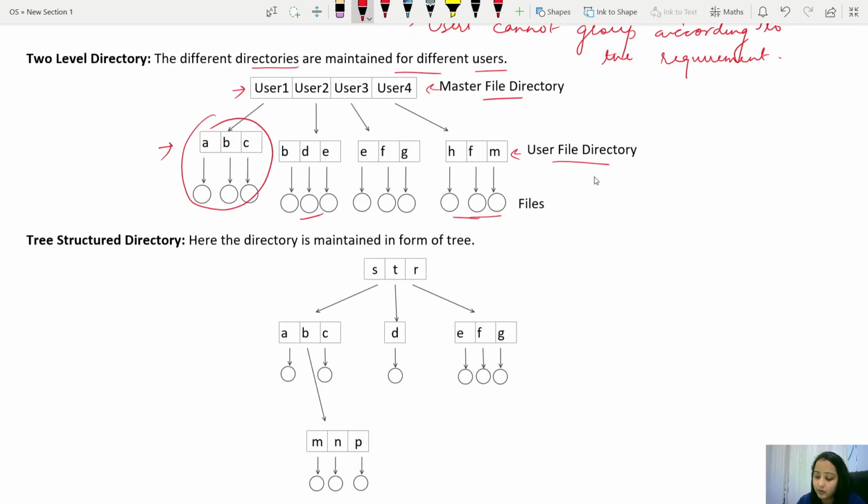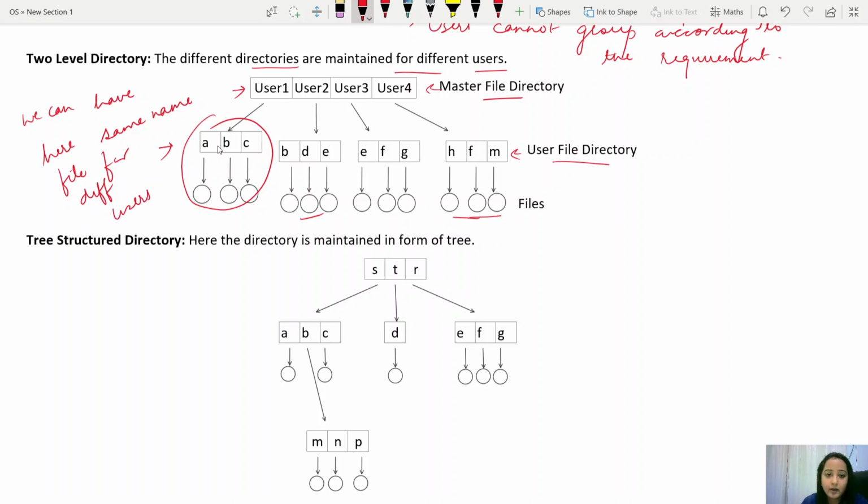Due to 2 levels, there is a path name for every file. If you want to locate the file, you can easily locate it. And here we can have the same name file for different users.